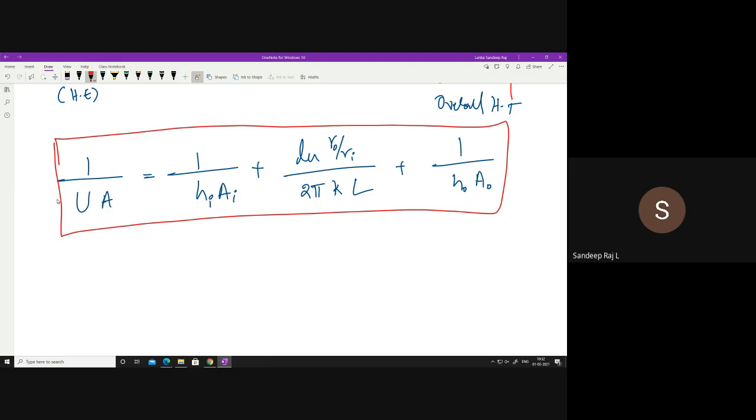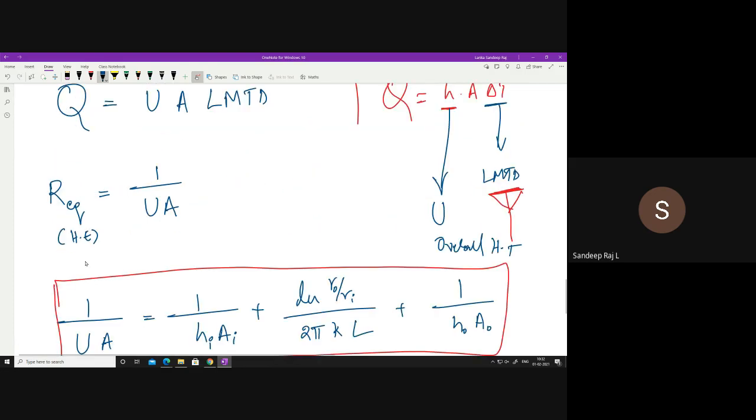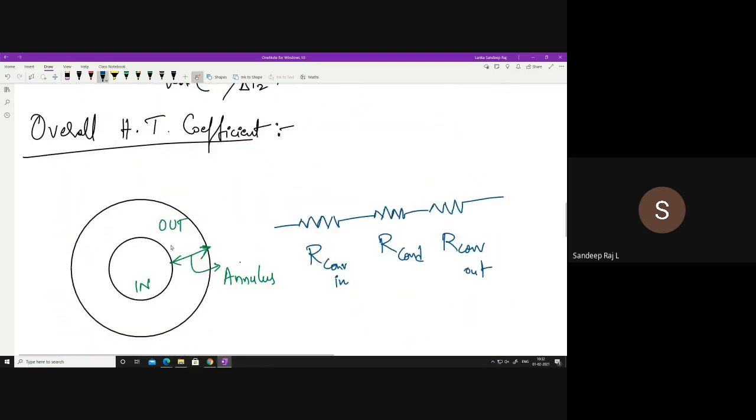Okay, this can actually be simplified even further.